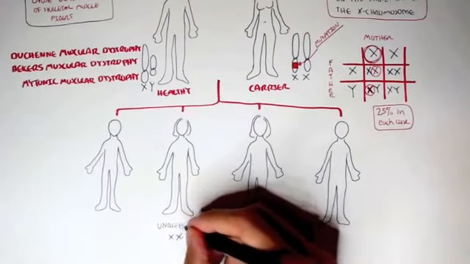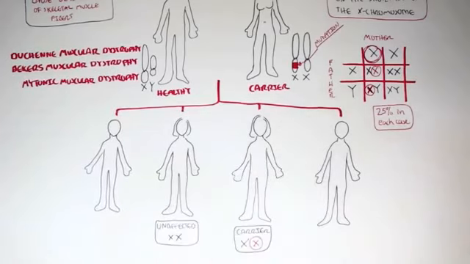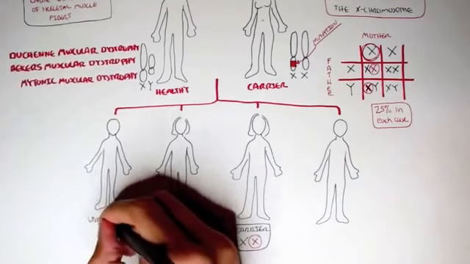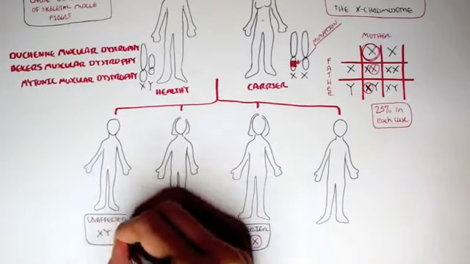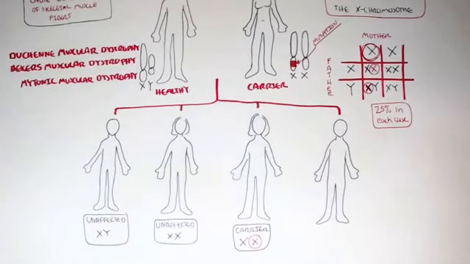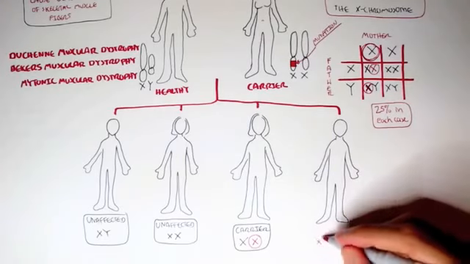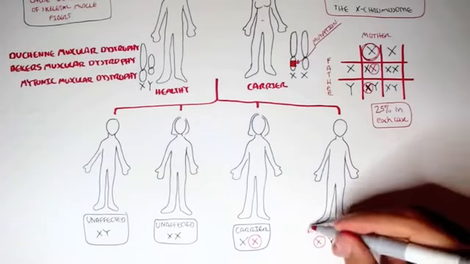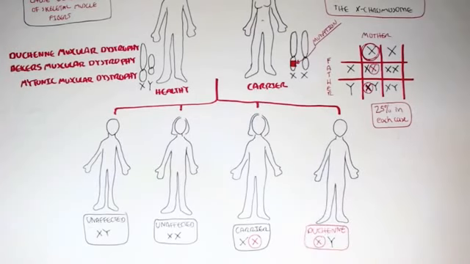We also have another unaffected, healthy female. Here as well we have XY, a male, and an unaffected male. And finally, this X and Y with the mutated X from the mother can possibly have Duchenne muscular dystrophy.